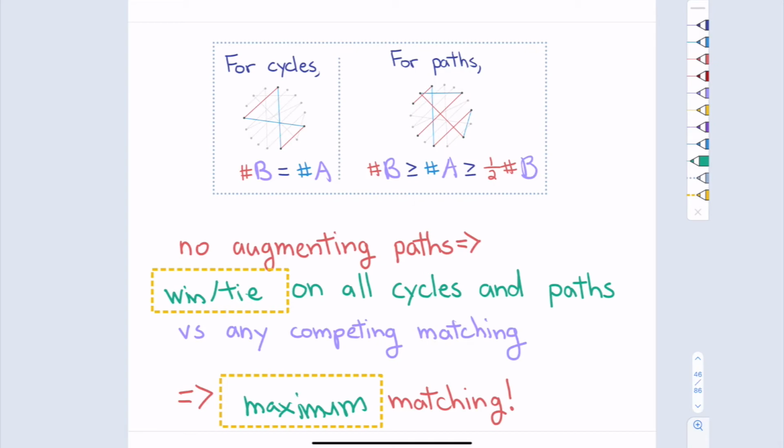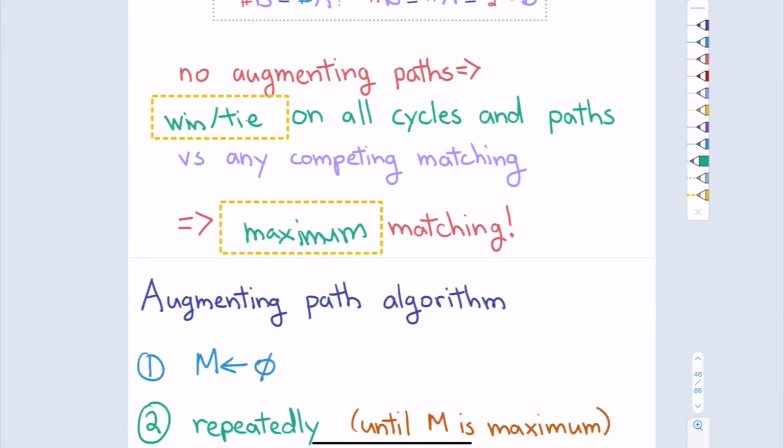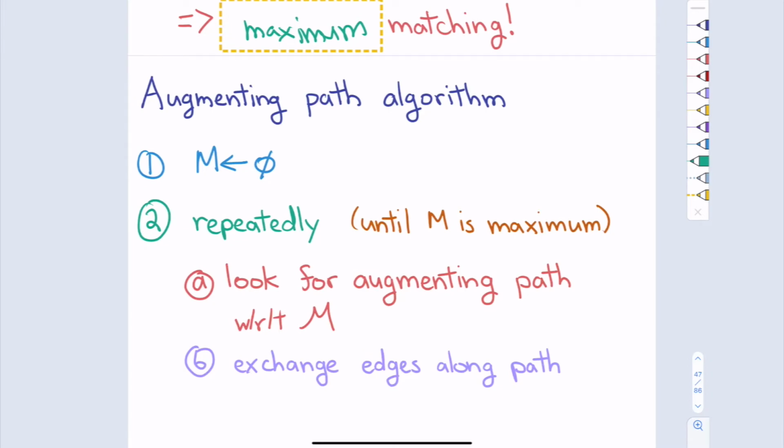So that's just an algorithm very similar to other algorithms we've done. We start with an empty matching, and until I can't find any more augmenting paths, I look for an augmenting path and make an exchange.